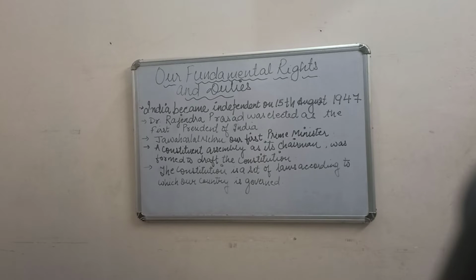So a constituent assembly was formed to draft the constitution. Who was the chairman? The chairman was Dr. Rajendra Prasad. Clear? So Dr. Rajendra Prasad took the initial step to draft the Constitution of India.